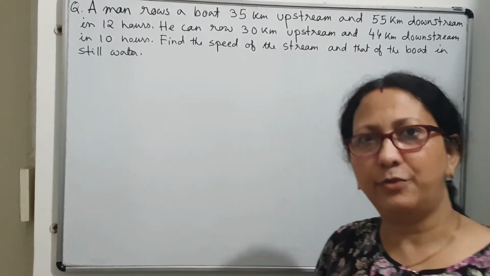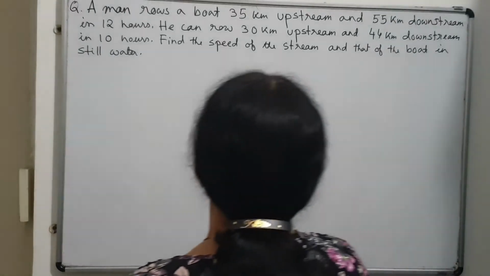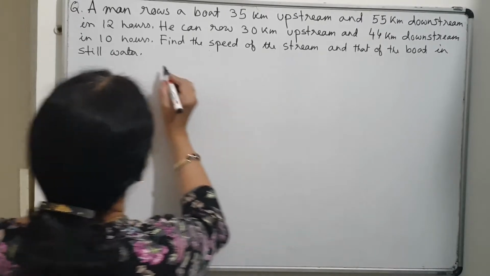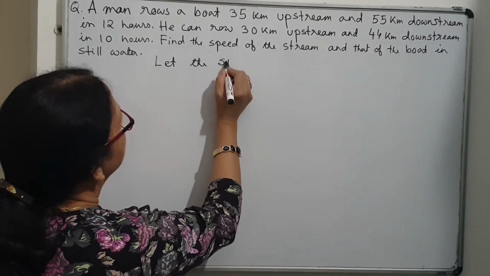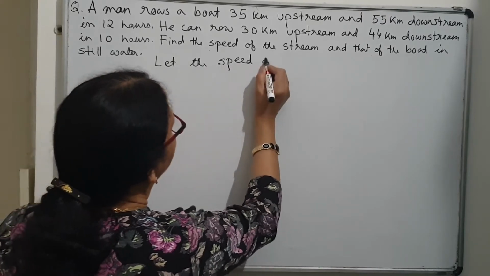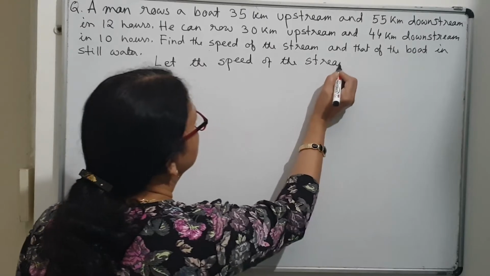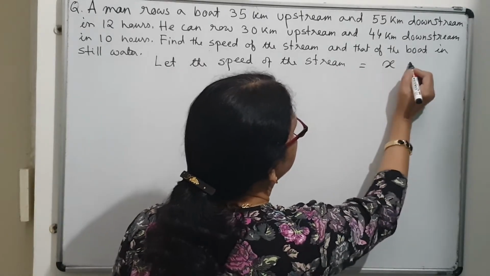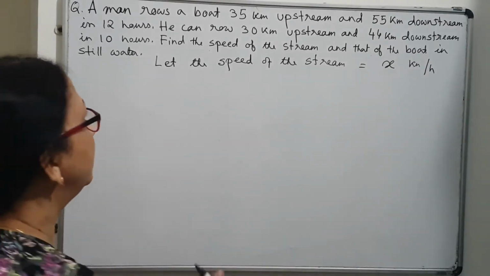So first we define the variables. What are the variables which are asked to find? Find the speed of the stream. So let the speed of the stream be x km/h. Always give the unit along with the variable when you define.